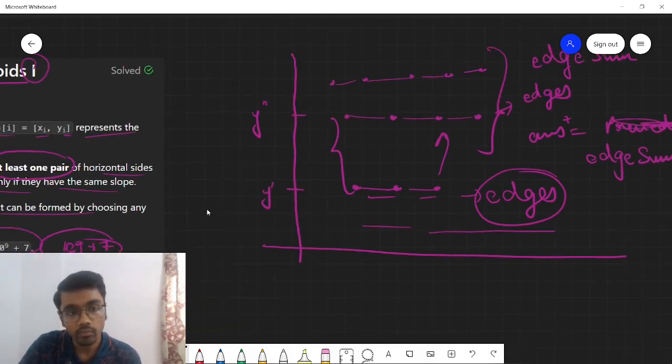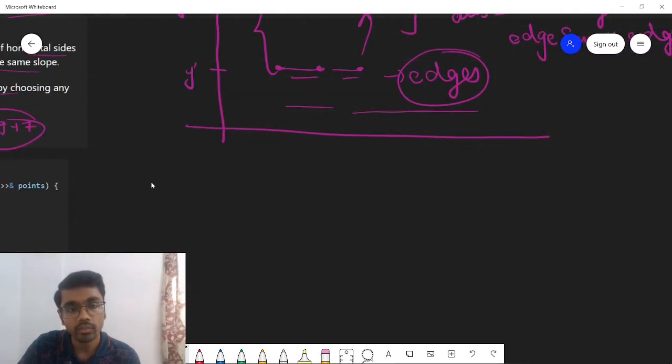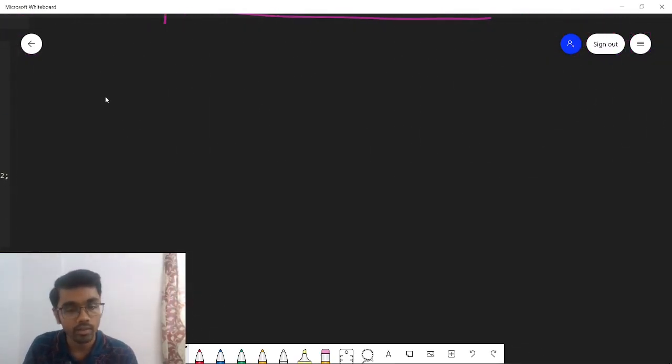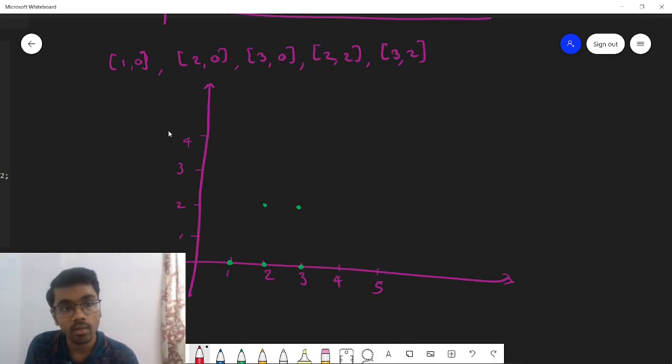So let us see this first example and try to dry run on this particular test case and see what the answer comes. This is the first test case: 1 0, 2 0, 3 0, 2 2 and 3 2, and I have drawn it on the Cartesian plane. So how will we process the answer?